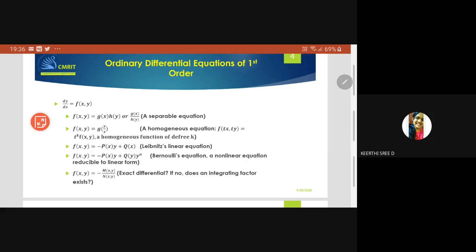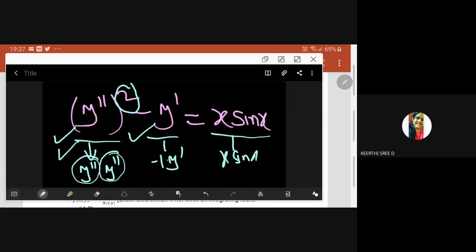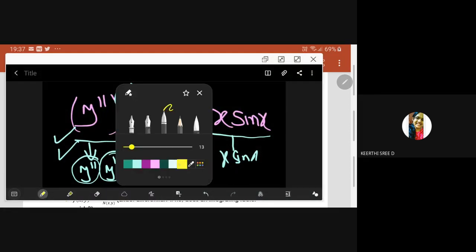The slide heading here is ordinary differential equation of first order. I will talk about this first order only for almost 10 slides. Later I will enter into the higher order ones. So when it comes to first order, we'll go here. This is not first order. This is not first order.